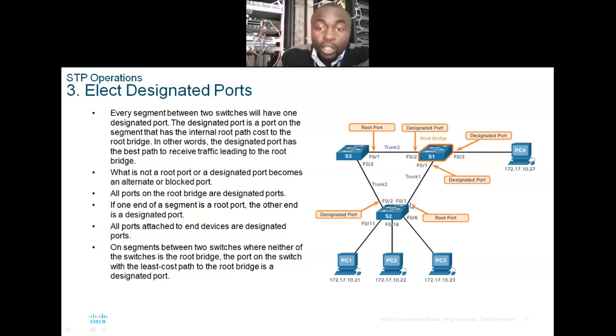The next one, connected to the next switch, is designated. Then ordinarily, I would say the next one is going to be designated too, but look at it, it has not been labeled as designated. If it were labeled as designated, I would definitely have a loop on this network.